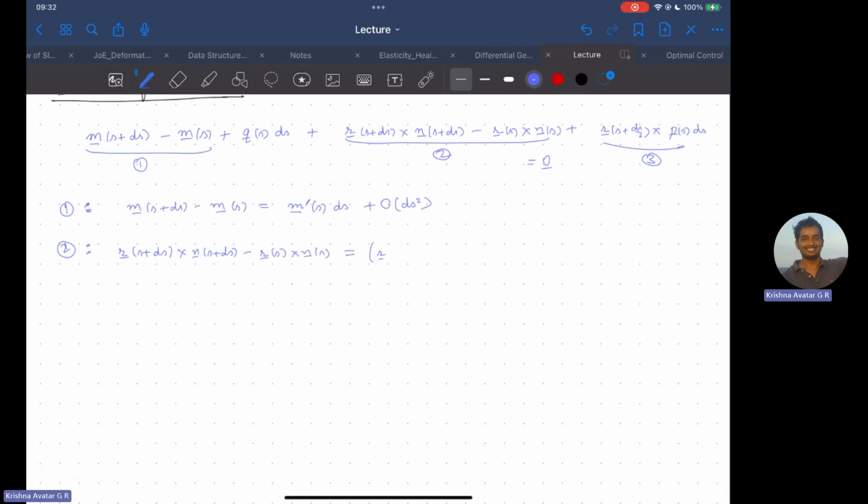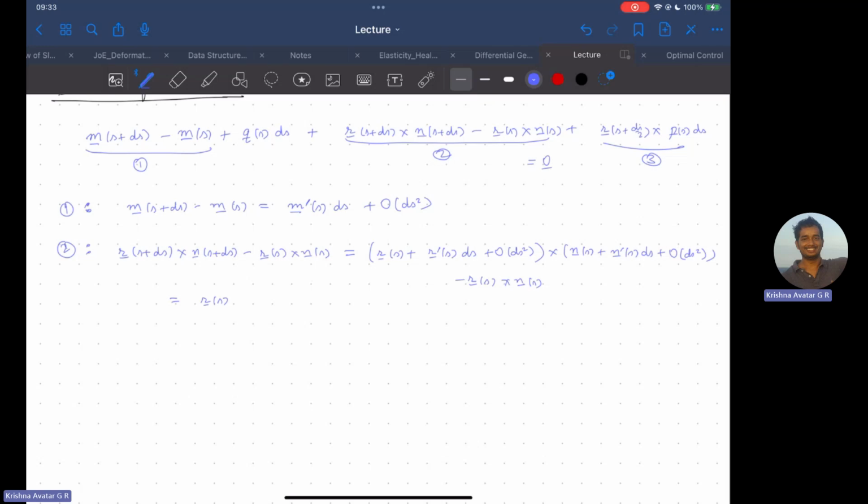First of all, it will be r vector of S plus r vector prime of S ds plus order of ds squared, cross n vector of S plus n vector prime of S ds plus order of ds squared, and then minus r vector of S cross n vector of S. Let's expand it fully.